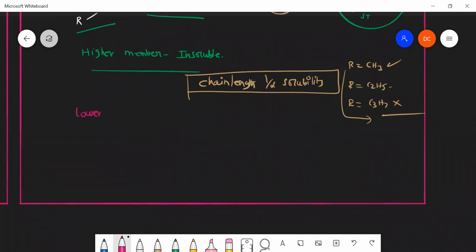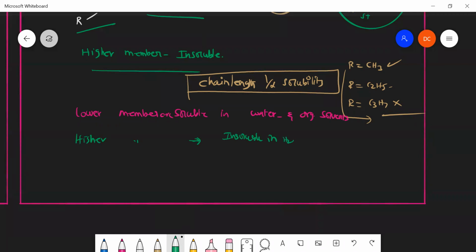Lower members are soluble in water and organic solvents. And the higher members are insoluble in water.